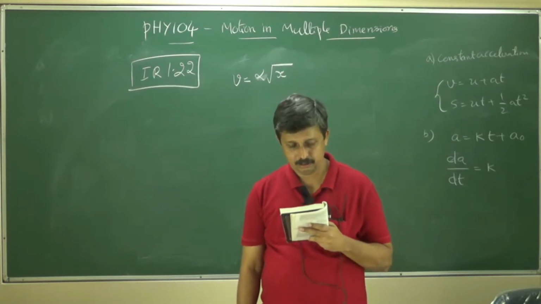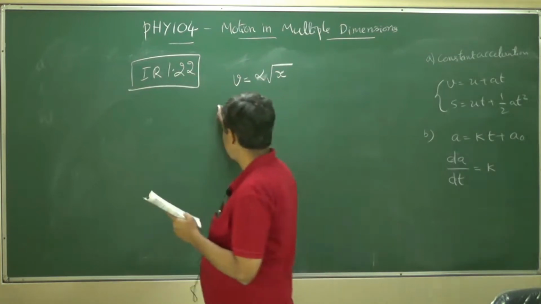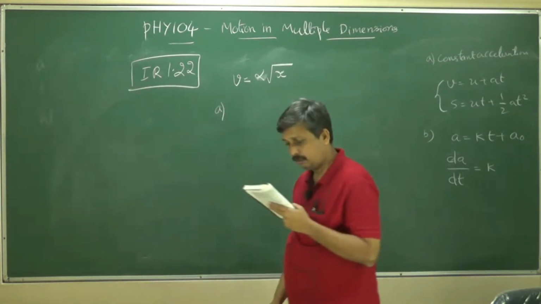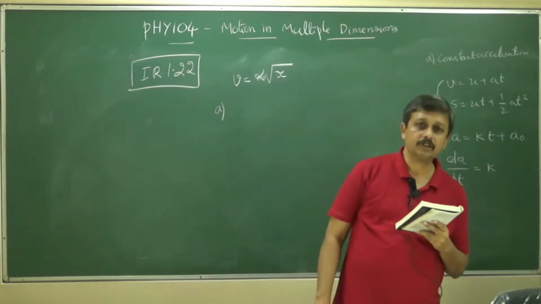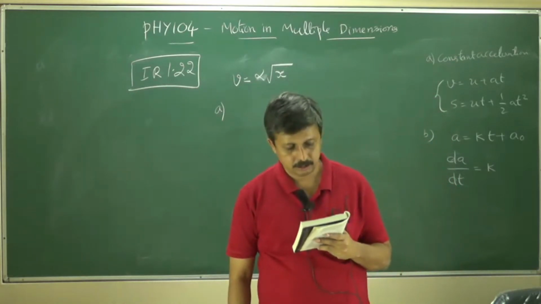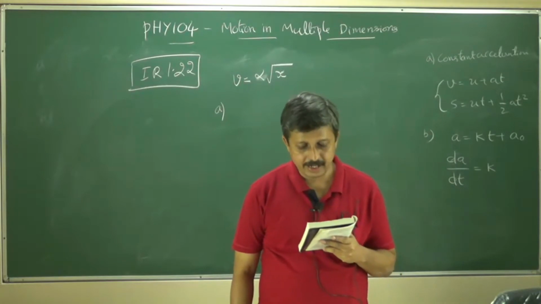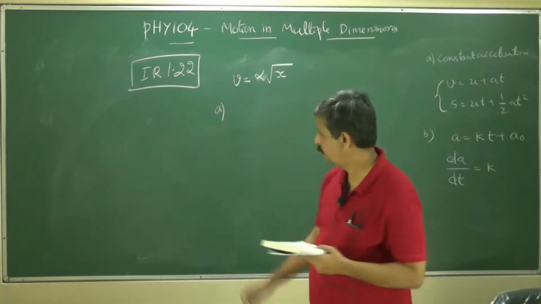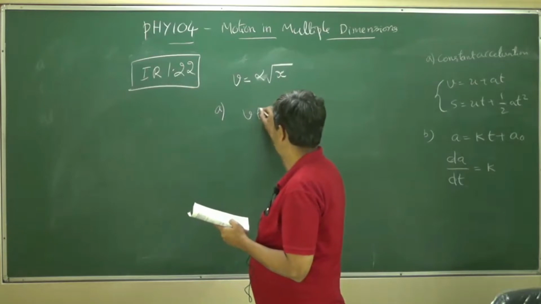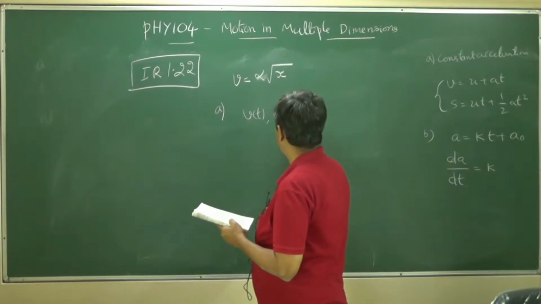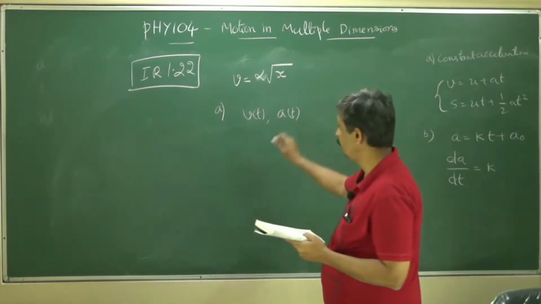Find, A, the time dependence of the velocity and acceleration of the particle. That means v of t and a of t.